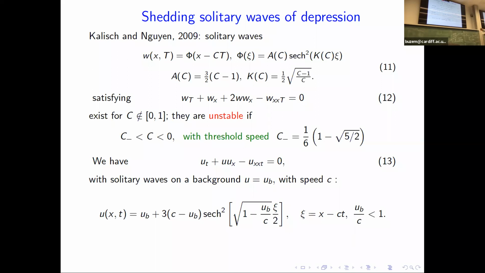And we can write down an explicit formula, much as you can for the KdV equation. This is a lot of detail that we don't need to know about, but there's a stability result that they had. And for our purpose, we get this hyperbolic secant squared. And there's a formula, and there's a restriction on c in terms of the background and so on. Okay, so there are solitary waves that are stable.